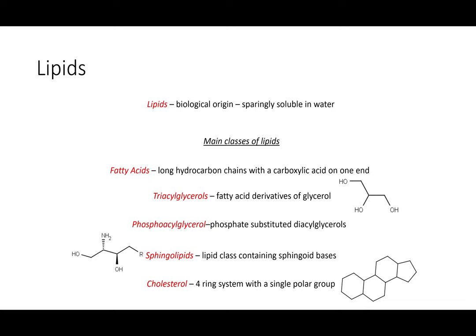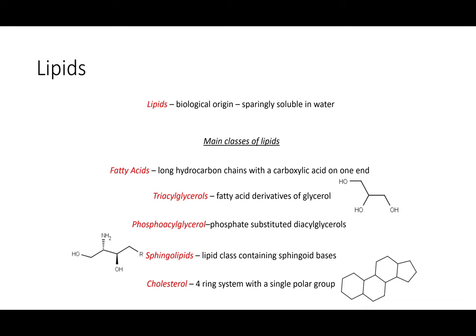There's fatty acids, which is the one that most people immediately think of, right? This is long carbon chains attached to a carboxylic acid head group. It's always going to be a carboxylic acid on one end, and then a long carbon chain. Triacylglycerols are molecules derived from glycerol. Glycerol is 3 carbons, and each carbon has a hydroxyl group attached to it.